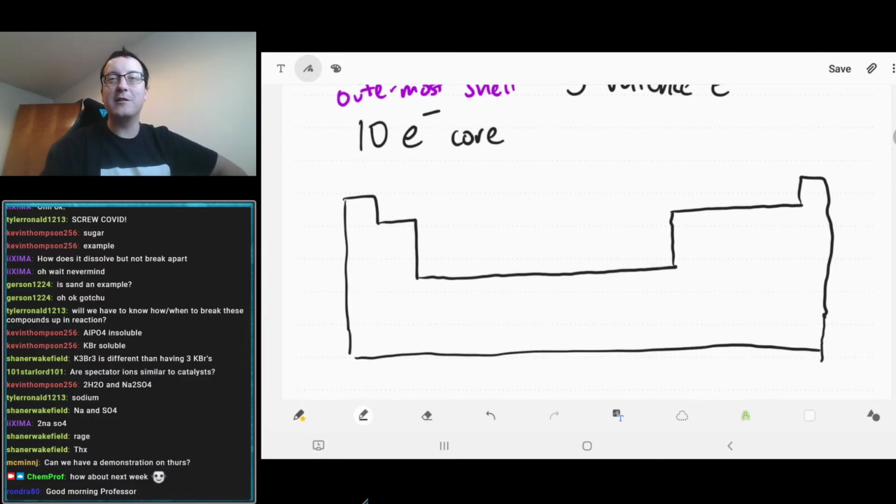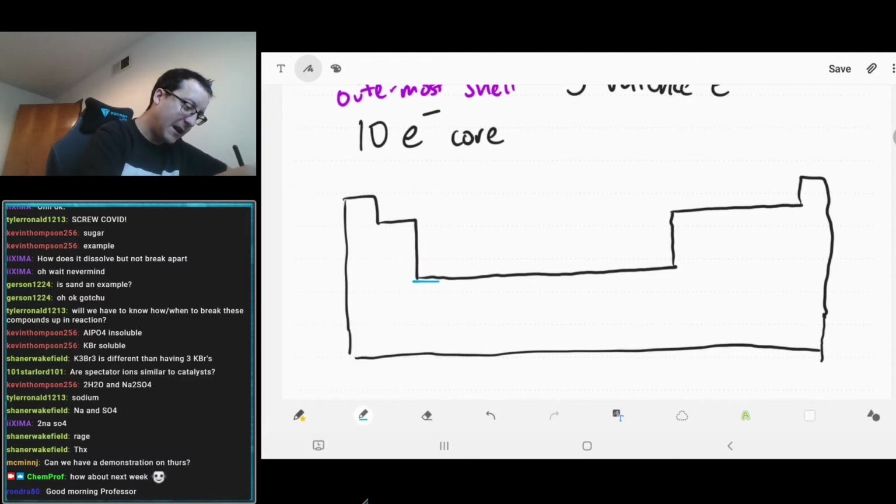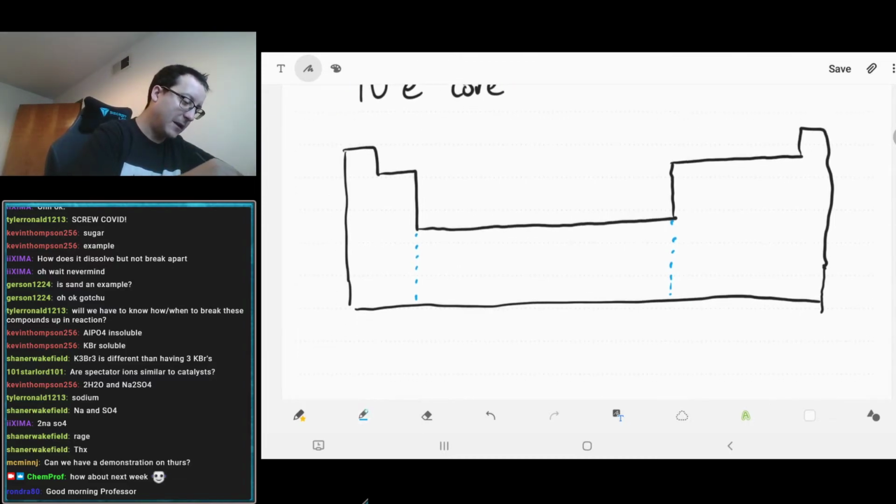Wow, look, that almost looks like a periodic table. I did it. We're going to see that the periodic table, lucky us, is going to, I guess I forgot the last stuff on the bottom here.